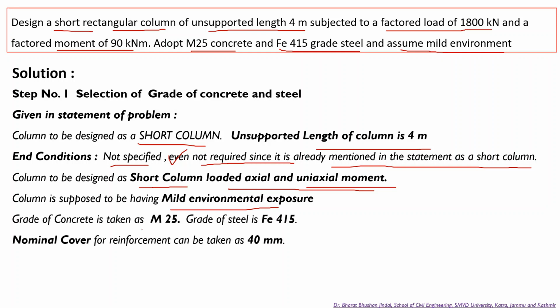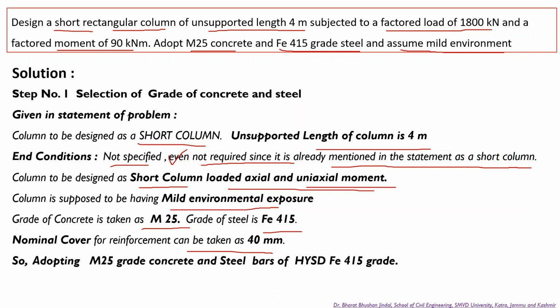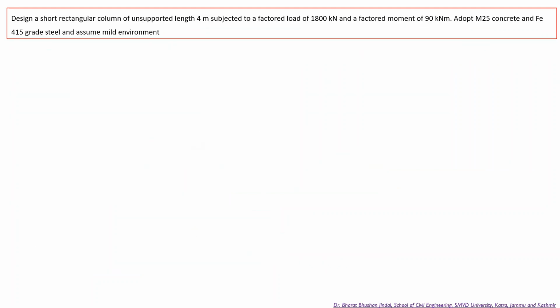The grade of concrete is M25 and the grade of steel is Fe 415, and the nominal cover for reinforcement is taken as 40 millimeter.